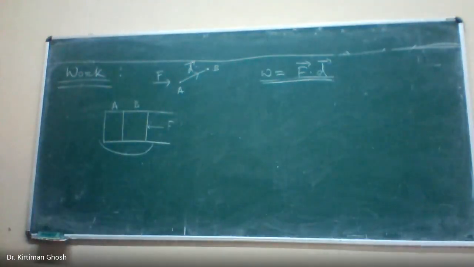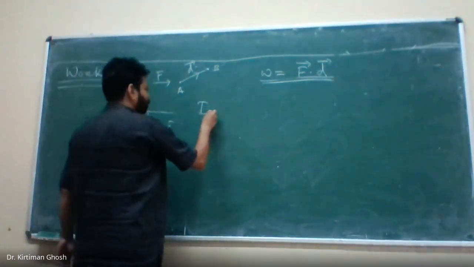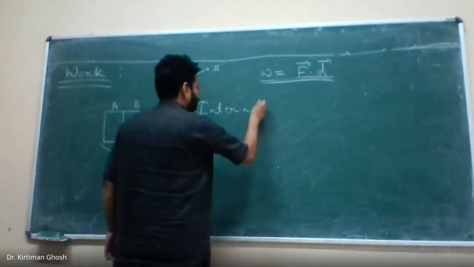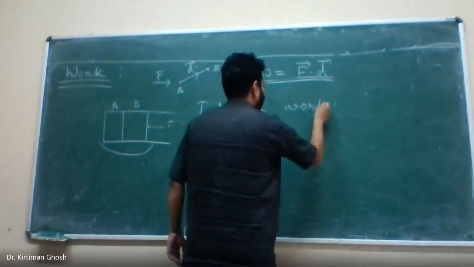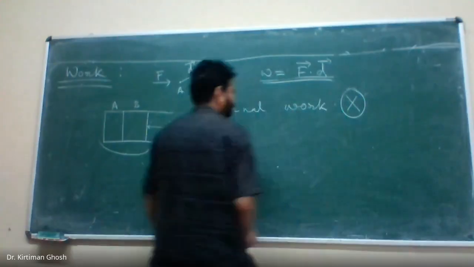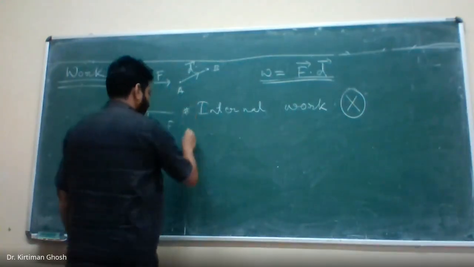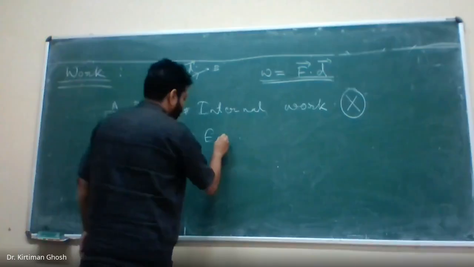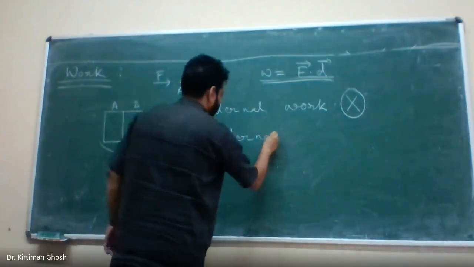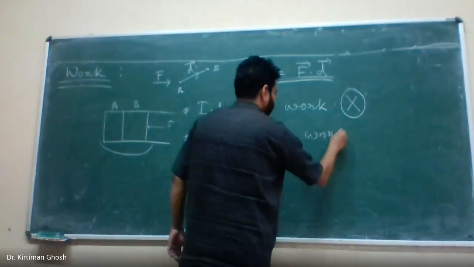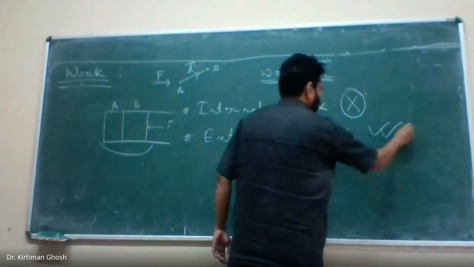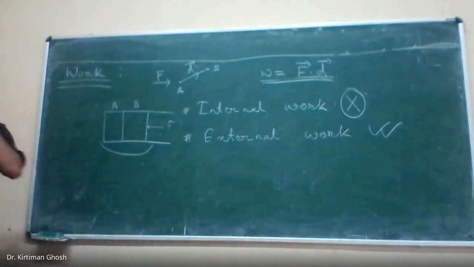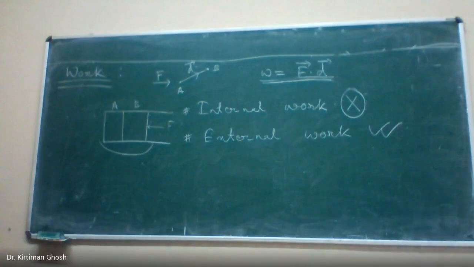We are only interested in this kind of work. So there is internal work, in which we are not interested in thermodynamics, and there is external work, which is actually what we are interested in.